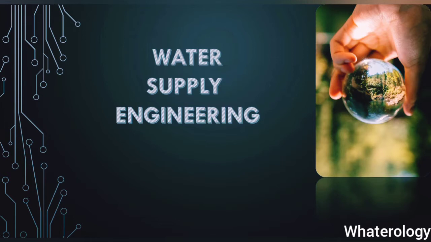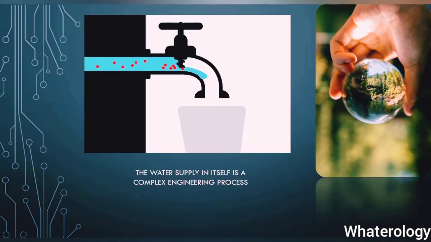So when you tell a layman that I am a water resource engineer, what they understand is, what is engineering in water resource? A plumber can send water in my home, but they don't understand that the water supply itself is a very complex process. And to understand the complexities involved in it, let's take a deeper dive.